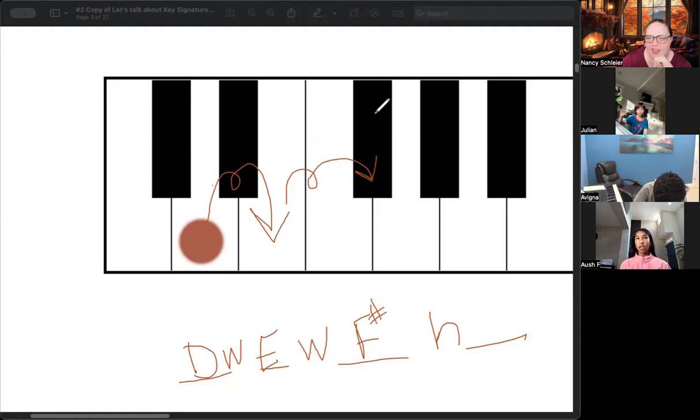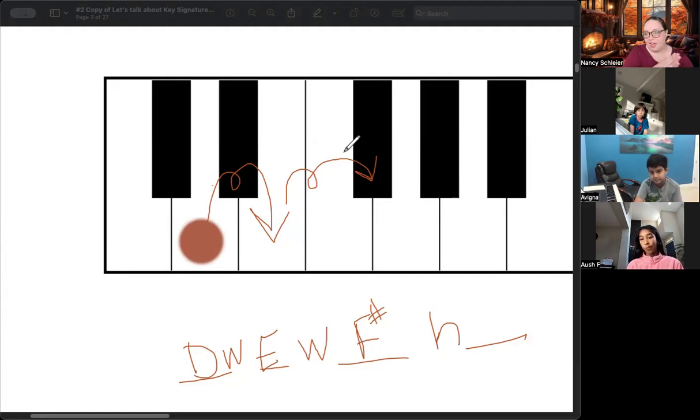Julian, what do you think? If it was F sharp, then we wouldn't have F. But if it was G flat, then we would have F, but we wouldn't have G. Very good. He brings up a really good point.